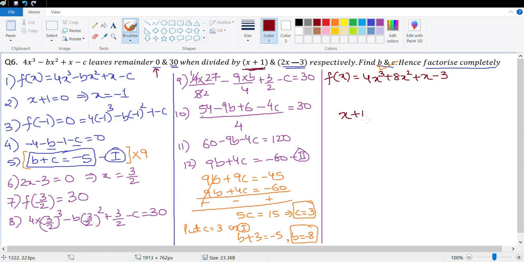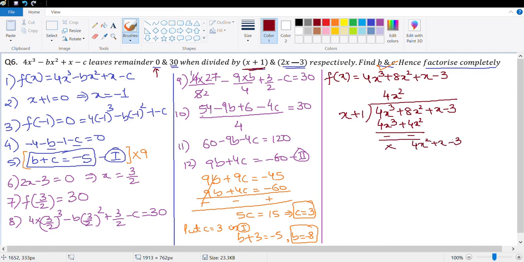So x plus 1, and we have 4x cubed plus 8x squared plus x minus 3. This gives me 4x squared, that is 4x cubed plus 4x squared. This gets cancelled, so this is 0 and this is 4x squared plus x minus 3. I multiply this with 4x. This gives me 4x squared plus 4x. Negative sign changes. x minus 4x, that's negative 3x, minus 3 multiplied with negative 3 gives me negative 3x minus 3, which is 0.